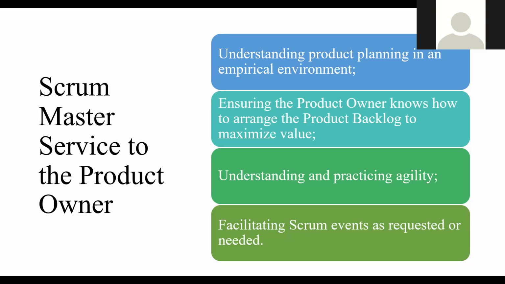In an environment that is still transitioning, the product owner might not necessarily come from the mindset of how Agile works, but from the mindset of, this is how we do our project. So the Scrum Master helps them understand that arranging the product backlog maximizes value, encourages them with the Agile mindset, and helps the product owner understand and practice agility.